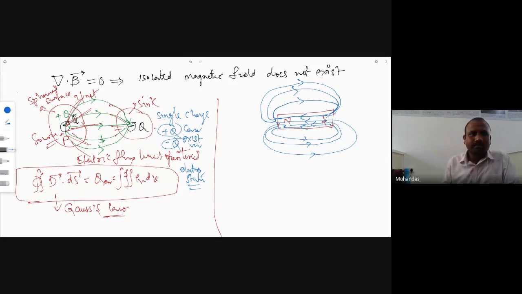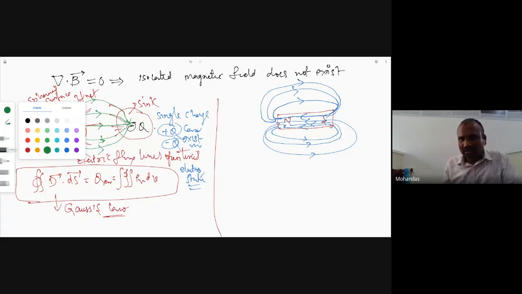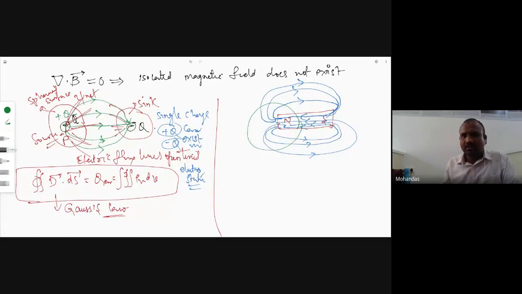Now, if I take a closed surface here at this north pole, let us imagine a spherical closed surface at point P. Suppose three flux lines are leaving, and here also three flux lines are leaving.